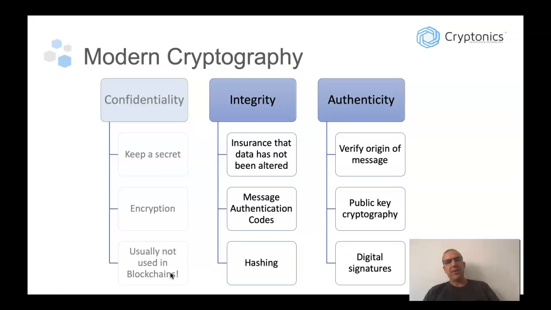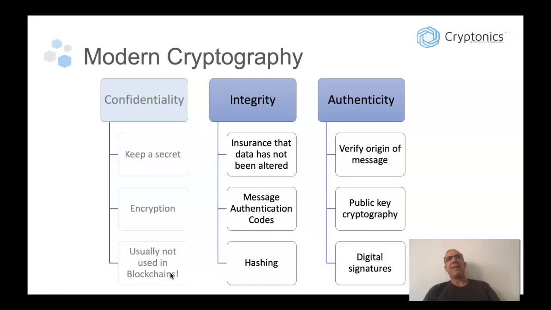Then there's authenticity, which is the third desired property, and that's the authenticity of a message in terms of who is the sender of a message or who has created a piece of data. Basically, it allows you to verify the origin of a message, and that's provided by what we now know as public key cryptography, and it's the basis of digital signatures.